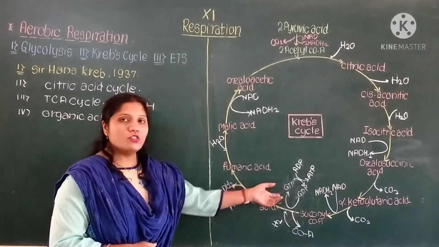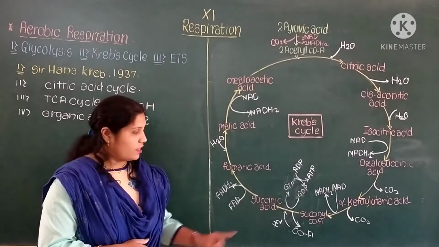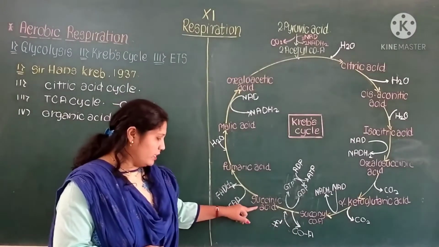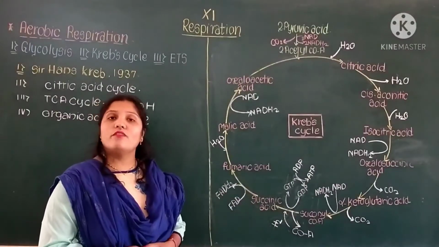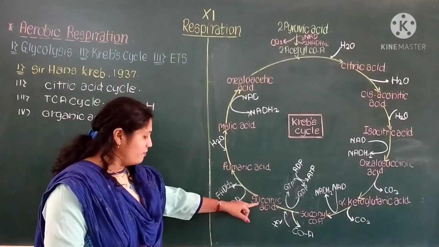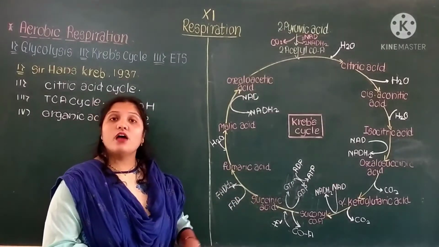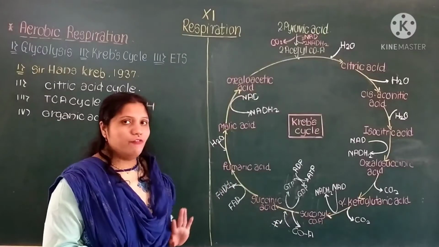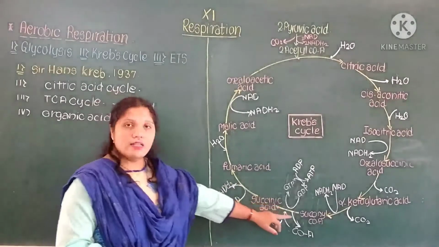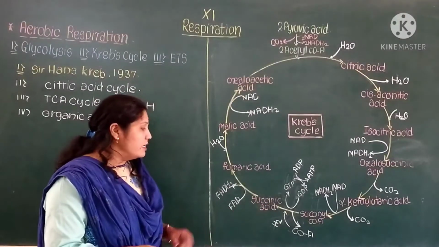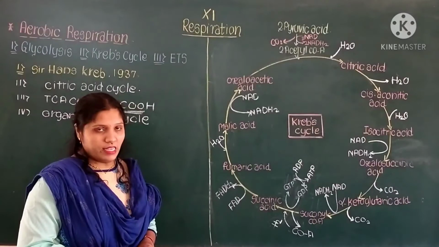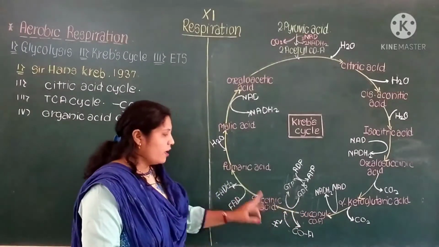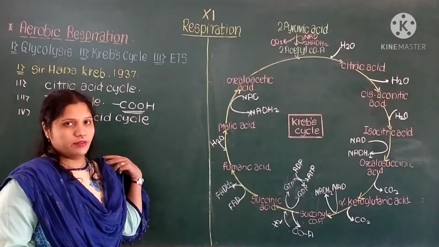So here the process is ATP generation. Succinyl-CoA converts into succinic acid in the presence of the enzyme succinyl thiokinase. Here the name of the enzyme is a little bit different, but in the presence of succinyl thiokinase, succinyl-CoA converts into succinic acid.